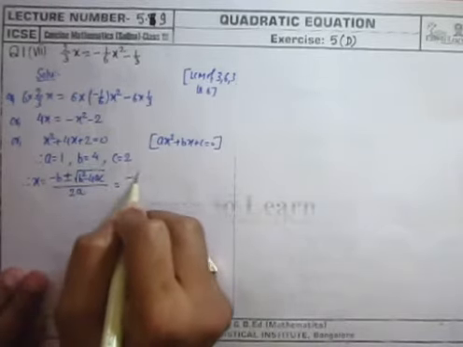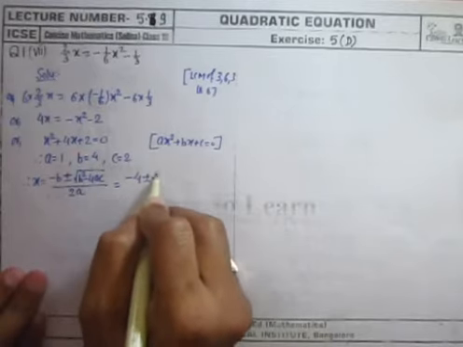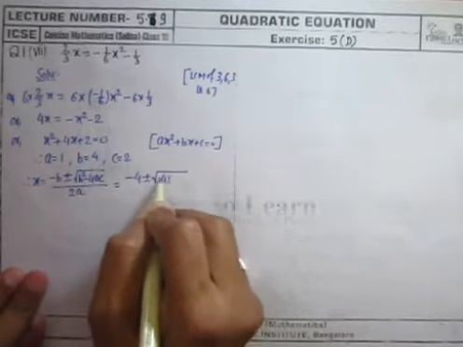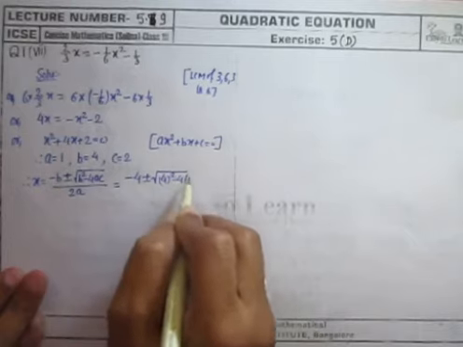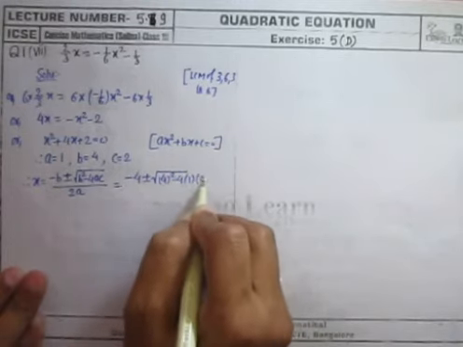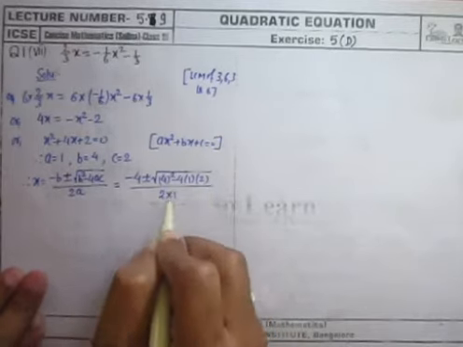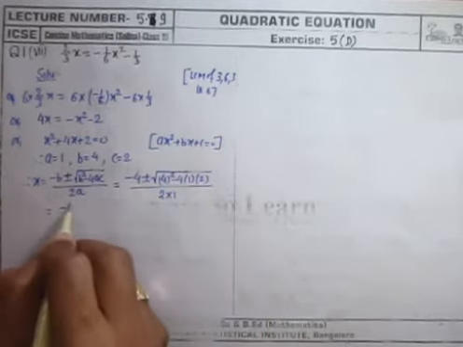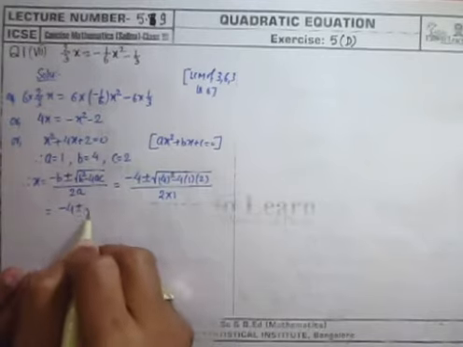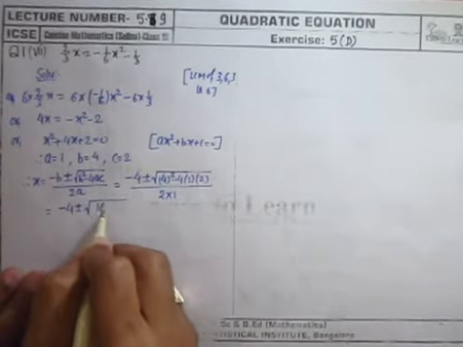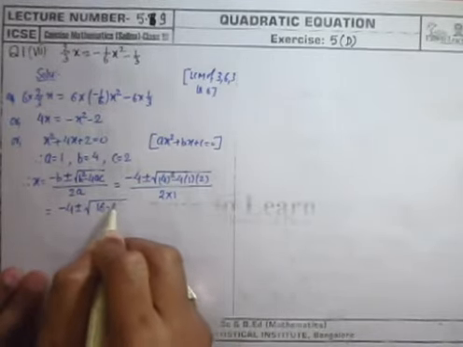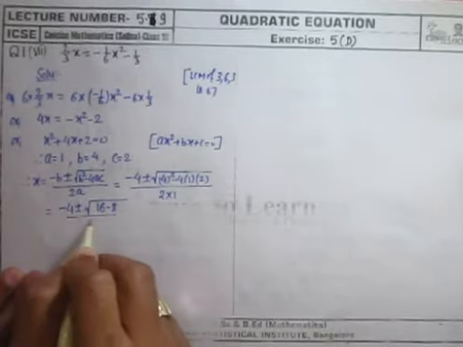So minus b is minus 4 plus minus root under 4 square minus 4, a is 1 and c is 2, by 2 times a is 1. So it will be minus 4 plus minus root under 16 minus 8 by 2.